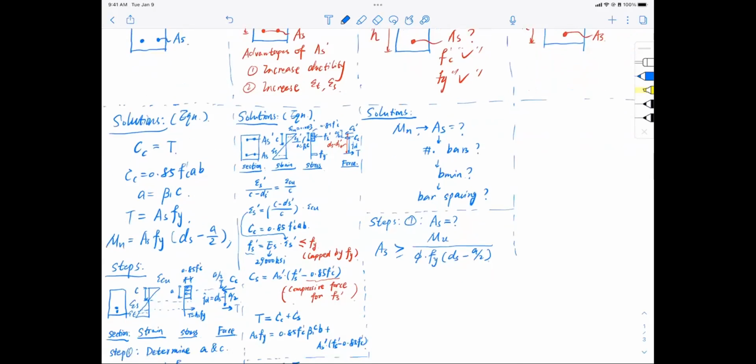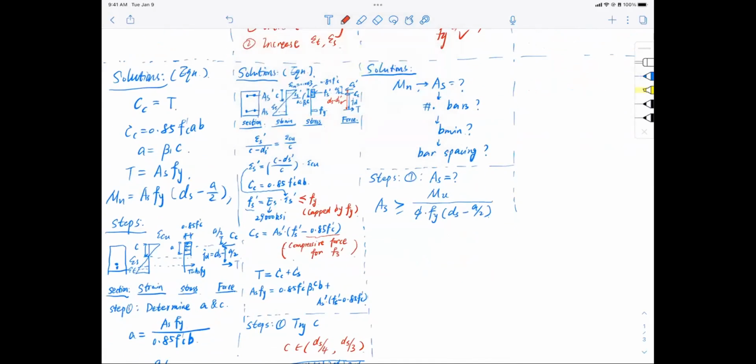But for this condition, I don't really know phi, so you assume phi equal to 0.9, and you assume ds minus half a to be 0.9 ds. Now the equation becomes As has to be greater than or equal to Mu divided by 0.9 Fy, the yield strength of the bars, times 0.9, 90% of ds.